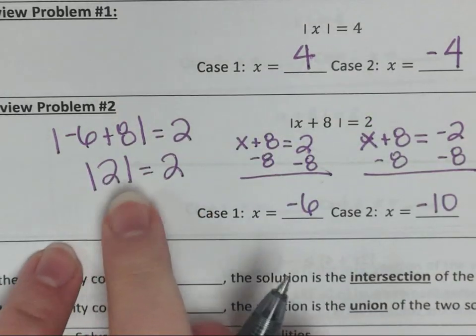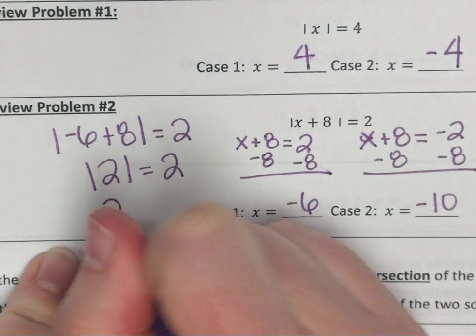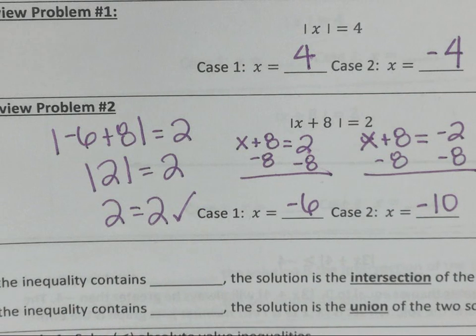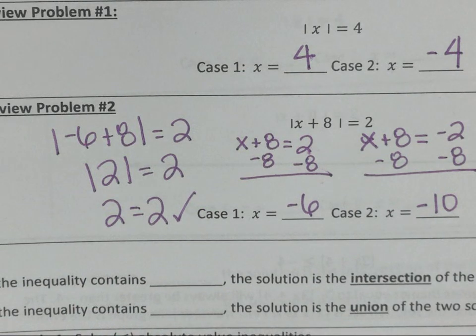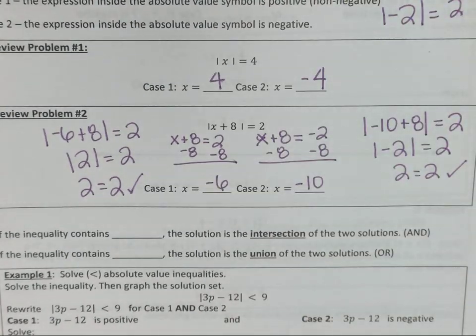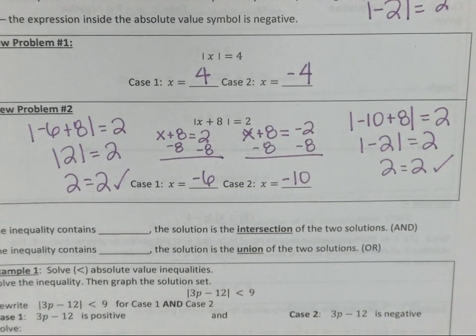And is the absolute value of 2 still equal to 2? So 2 is equal to 2. So both of these work, and that's why we have to have two cases. We've got to make sure we find both of the numbers that x can be. Okay. Any questions? Because if you have questions on this, then we need to get them answered before we go on.